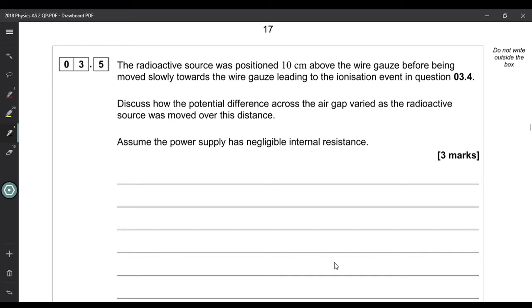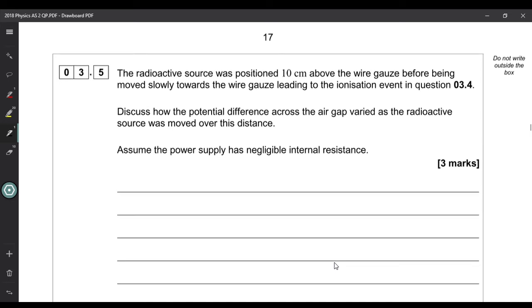But if we break it down into what's going on, we've been told that a radioactive source was positioned 10 centimeters above the wire gauze before being slowly moved towards the wire gauze, leading to an ionization event. Discuss how the potential difference across the air gap varied as the radioactive source moved over this distance. Assume that the power supply has negligible internal resistance.